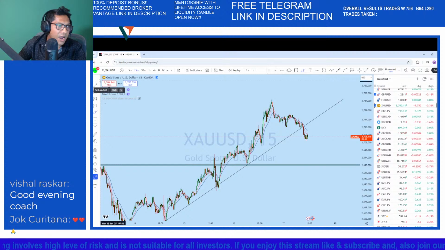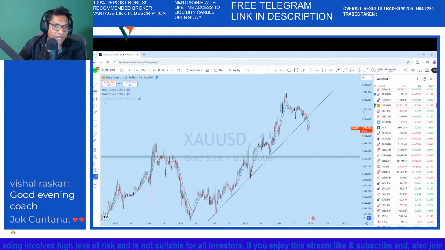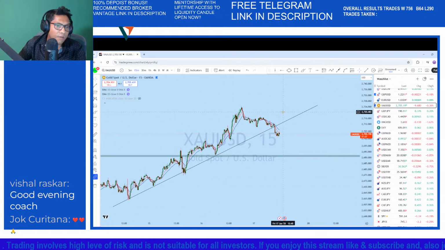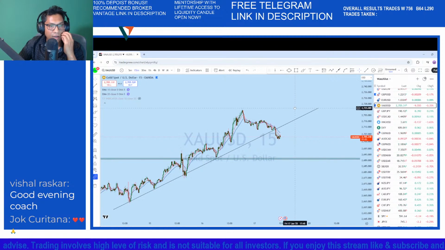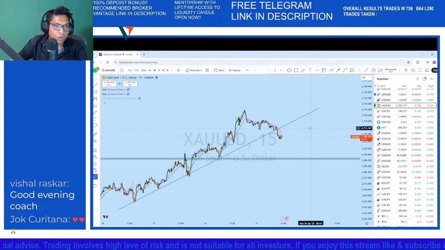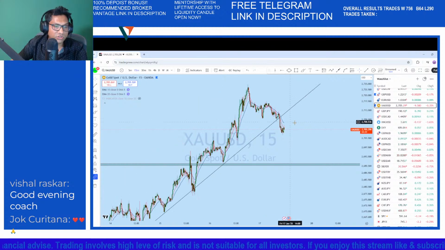So with that in mind, as it is in an uptrend, we will be looking in this market to find a potential trading opportunity once we find that suitable entry in this market.